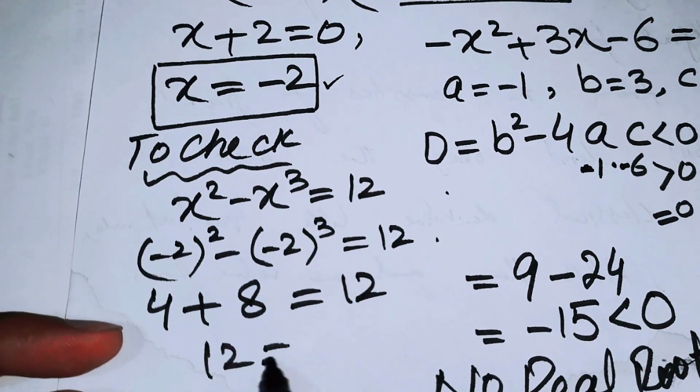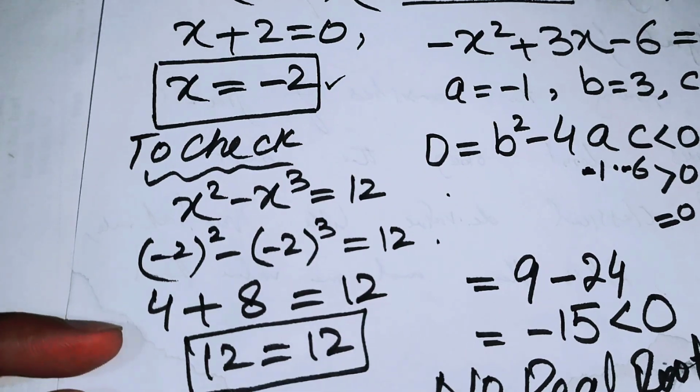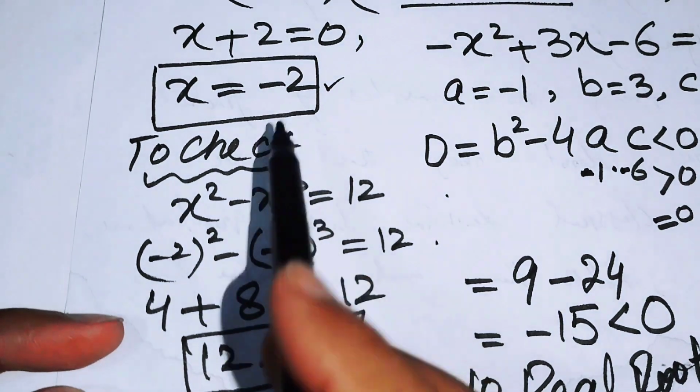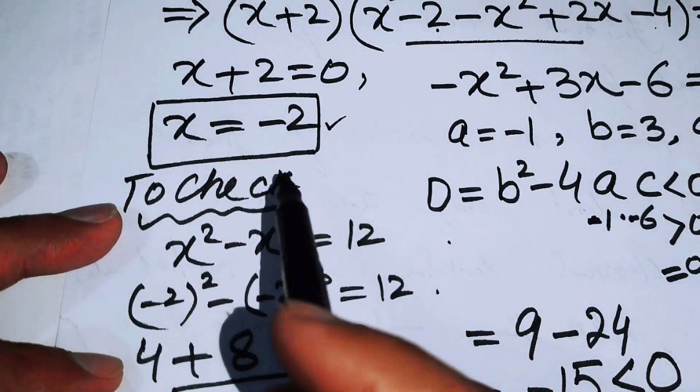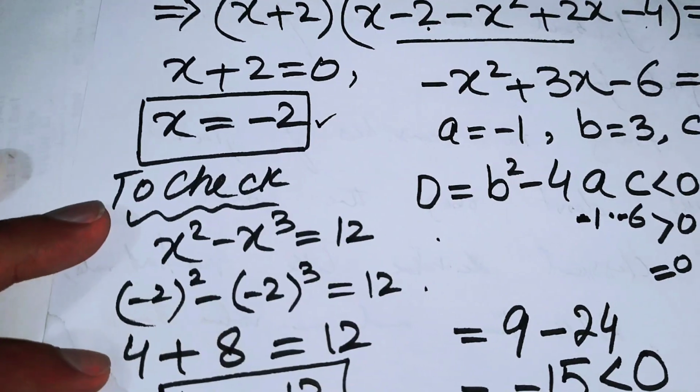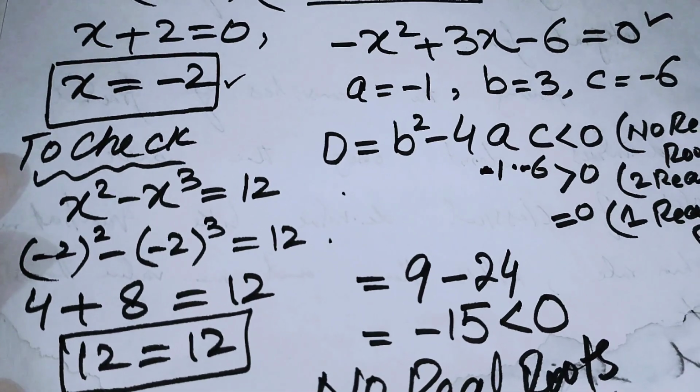So it becomes 12 is equal to 12. This shows that x is equal to -2 satisfies the given equation. So finally we say that x is equal to -2 is the only solution of the given equation.